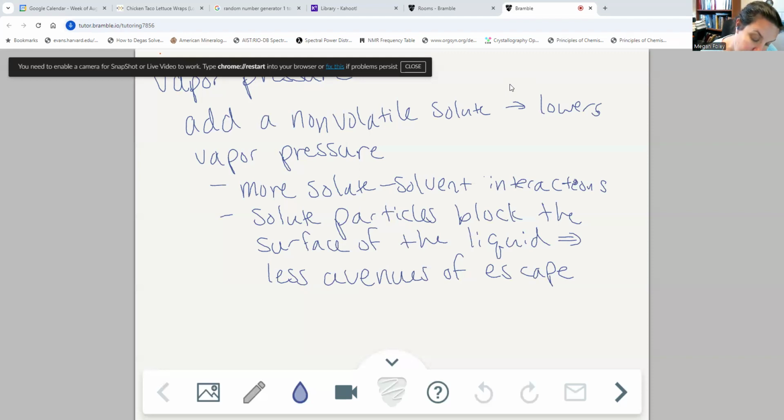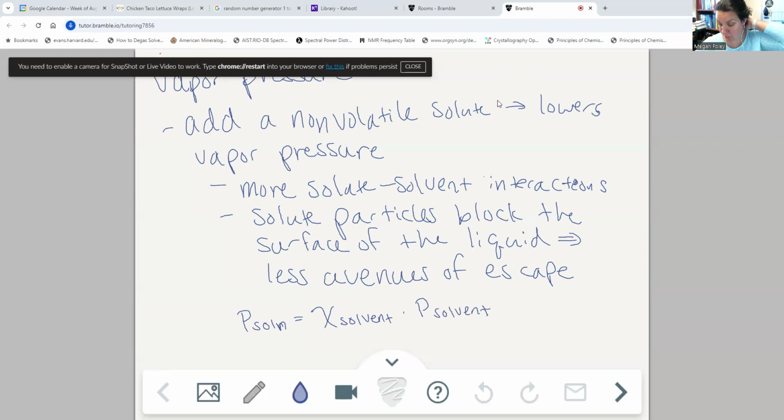Okay. We are going to determine the vapor pressure of a solution using the following equation. The vapor pressure of our solution, P solution, is equal to the mole fraction of our solvent, whatever solvent we happen to be using, times the vapor pressure of the solvent.